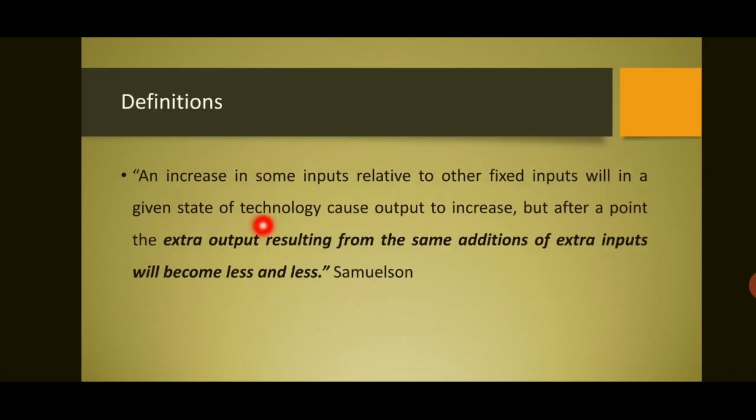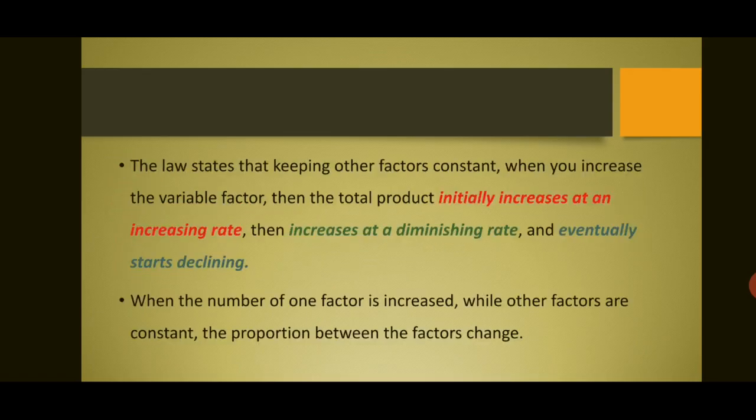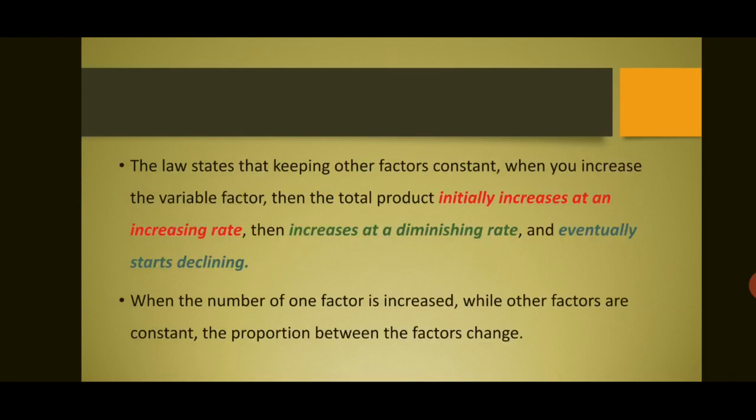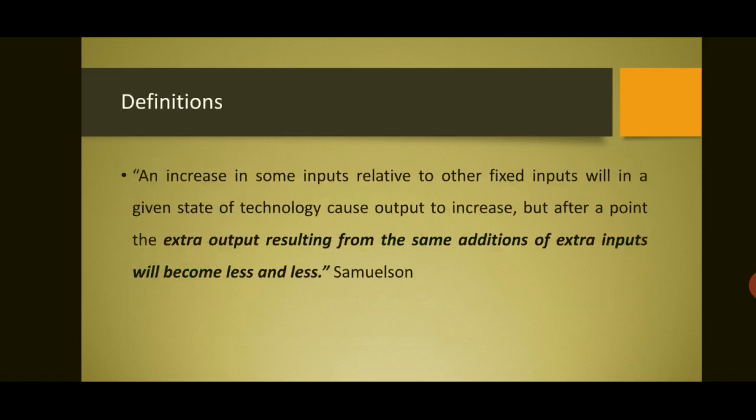So here are some definitions of the law of variable proportion. This is the theory of the law of variable proportion that you need to study, and here are some definitions. An increase in some inputs relative to the other fixed inputs will, in a given state of technology, cause output to increase.